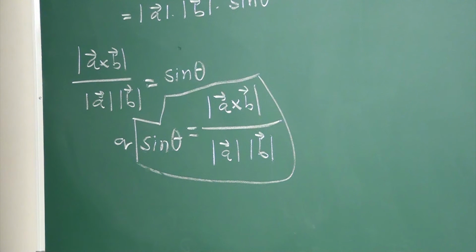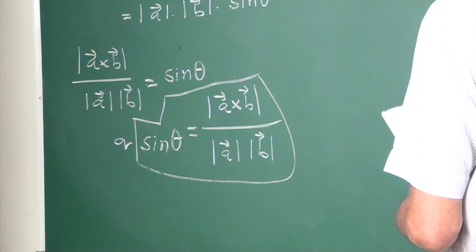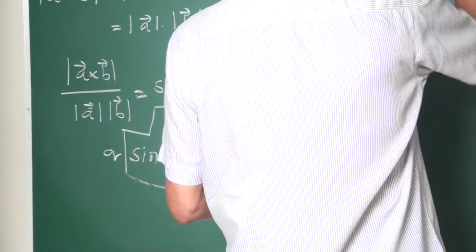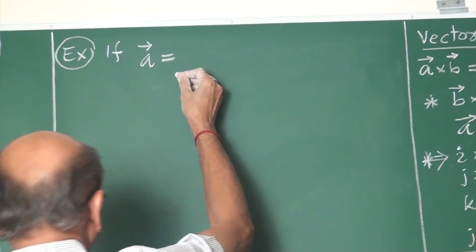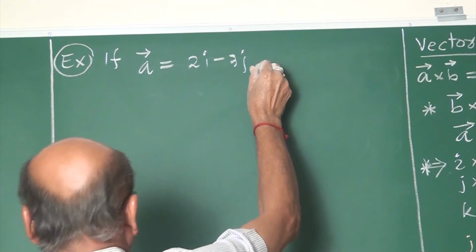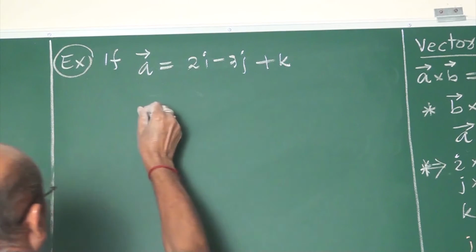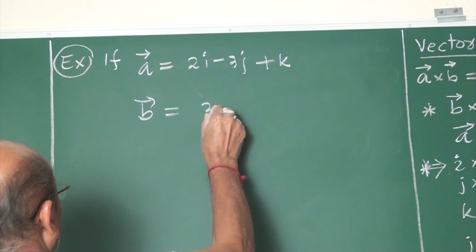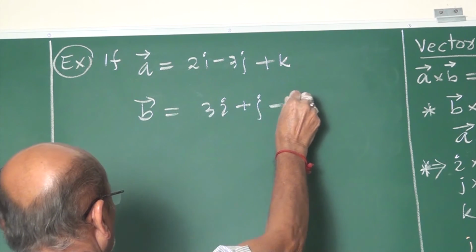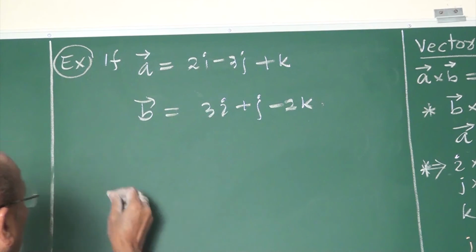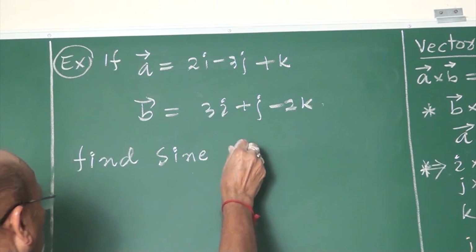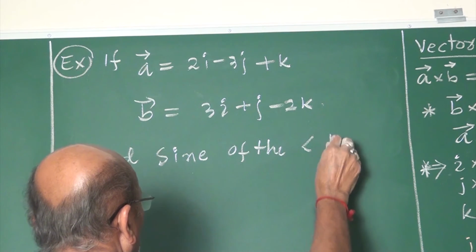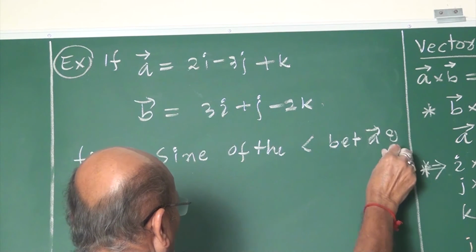That example is: if vector A equals 2i minus 3j plus k, and vector B equals 3i plus j minus 2k, then find the sine of the angle between vectors A and B, meaning sine theta.